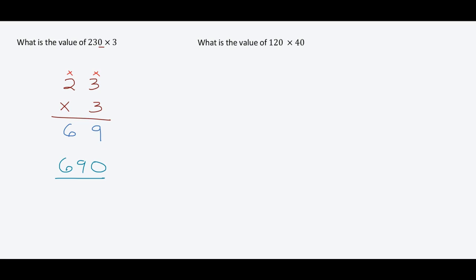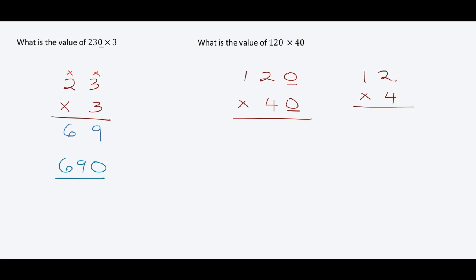Now the next one is 120 multiplied by 40. So we have a 0 here and a 0 here. So what we're going to actually do is we're going to have 12 multiplied by 4.